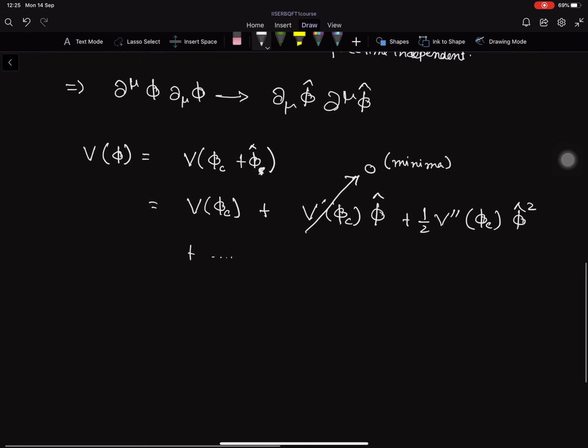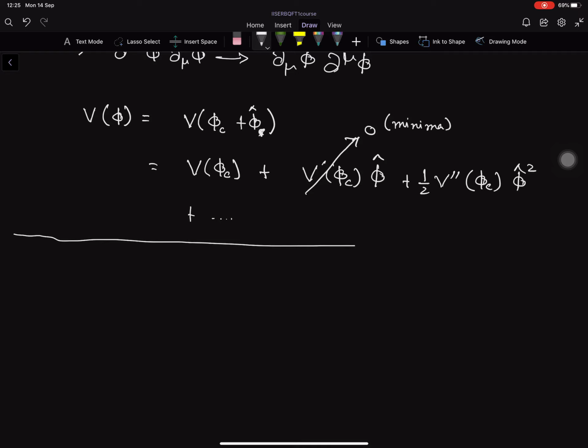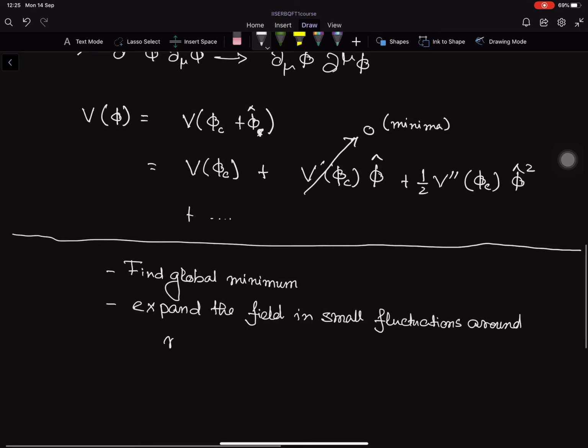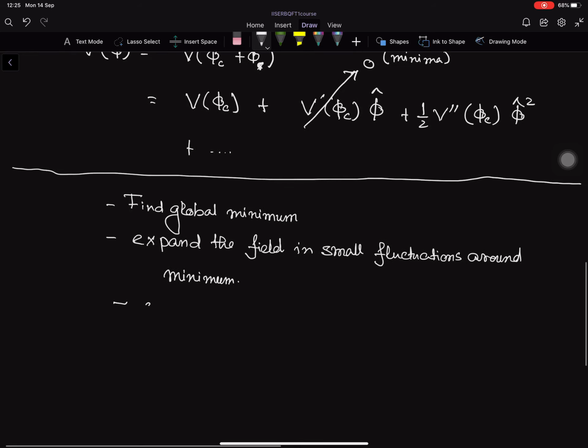Let me repeat again. Find the global minimum, expand the field in small fluctuations around the minimum, and then write down the action for the fluctuation.